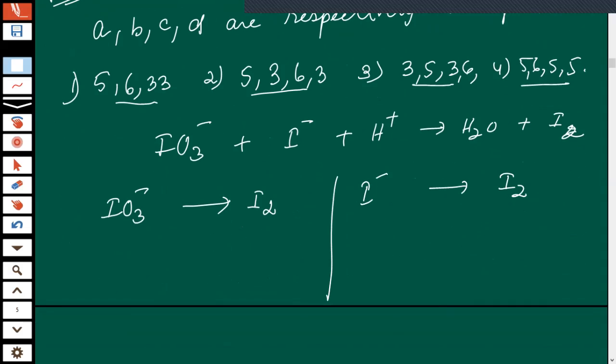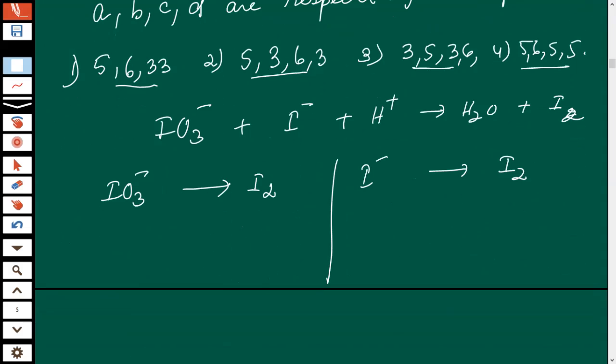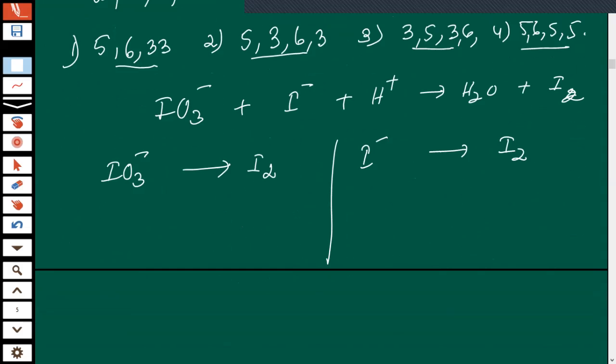It is a comproportionation reaction. Did you understand? So first of all, balance it.